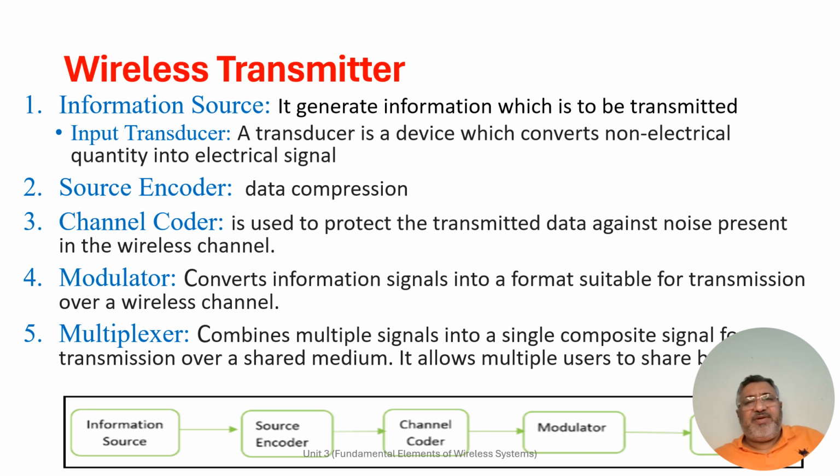The second building block of a wireless transmitter is source encoding, which is also called source coding or data compression. They have different names. The main purpose is to compress the data. The compression is achieved by exploiting statistical redundancies or patterns present in the source signal.